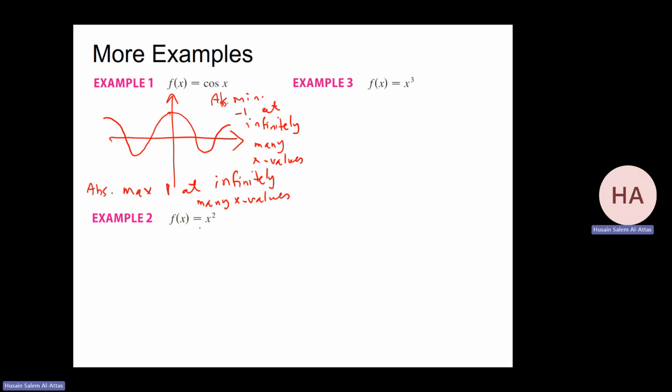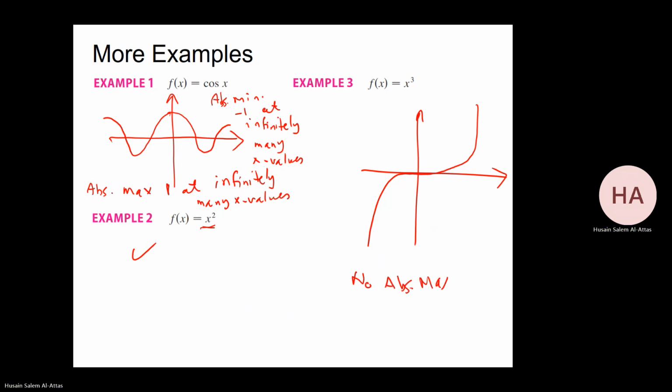Let me take x squared. Actually, we did this one. x cubed. Let me do x cubed. This is the graph of x cubed. So for sure, no absolute maximum. Goes to infinity. Goes to minus infinity. No absolute minimum.